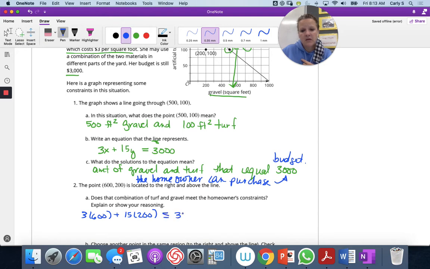So I'm going to do the inequality because I want it to be $3,000 or less. So 3 times 600 plus 15 times 200. Okay, that is 4,800, which is not less than or equal to 3,000. So does it meet the homeowner's constraints? No, it doesn't meet.